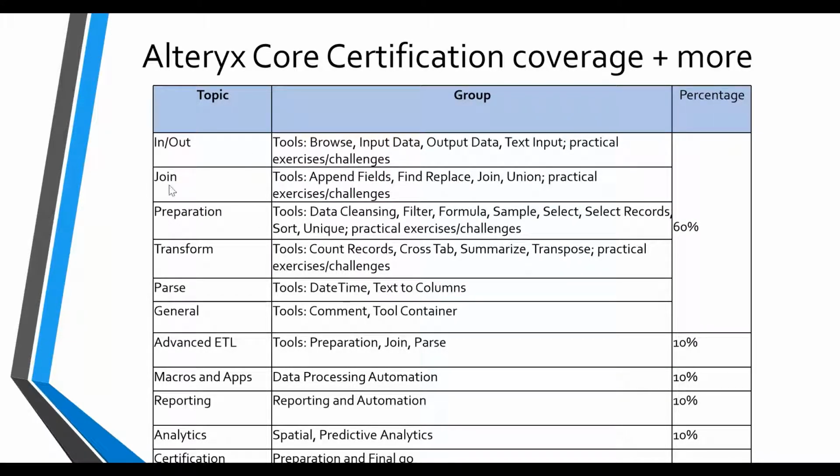We'll have coverage for each one of the groupings. More than 60% of it will be covered, and you will be ready for the certification. After that we would have some advanced topics to cover that will keep you ready for any kind of complicated tasks that you would have to face at your workplace.